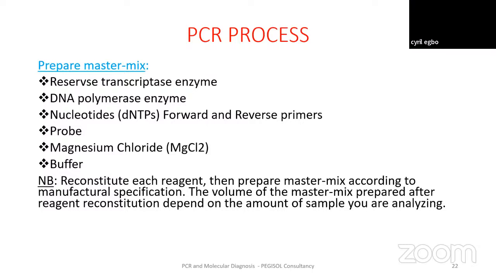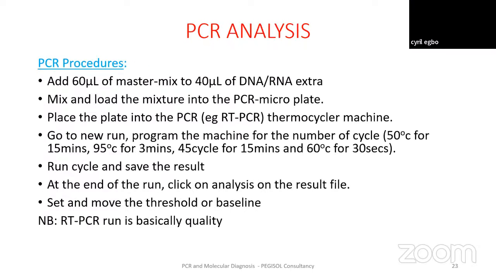So after preparing this reagent, you now have what we call master mix. This master mix is what you use to amplify your DNA template or DNA extract. So what you need to do, the volume of the master mix must be higher than the volume of the DNA or RNA extract.